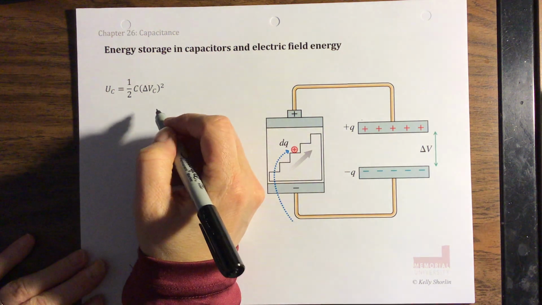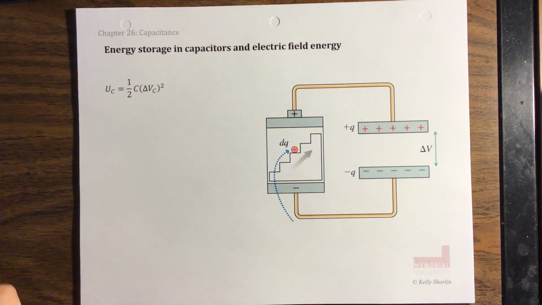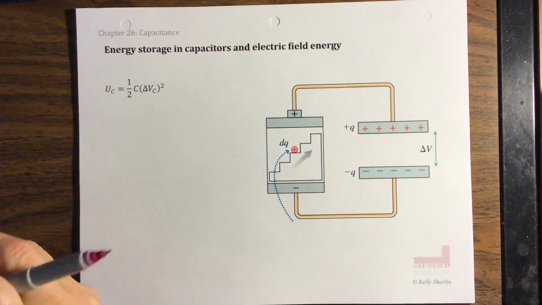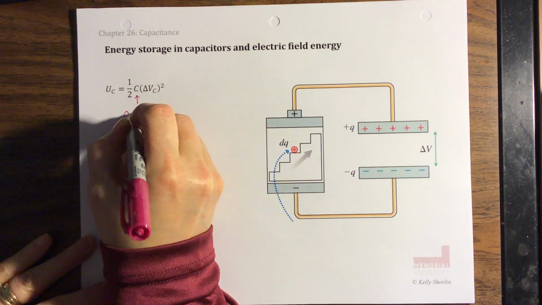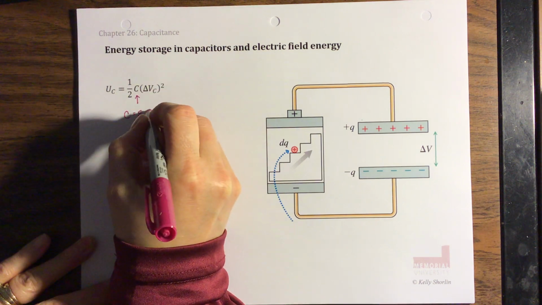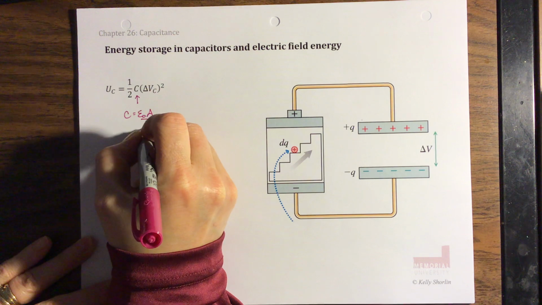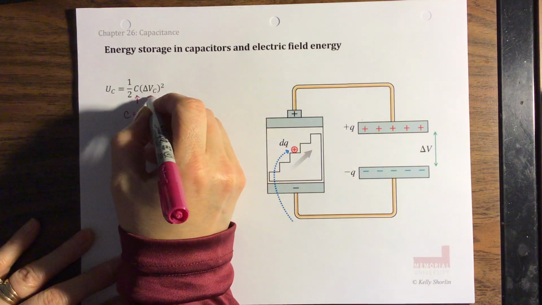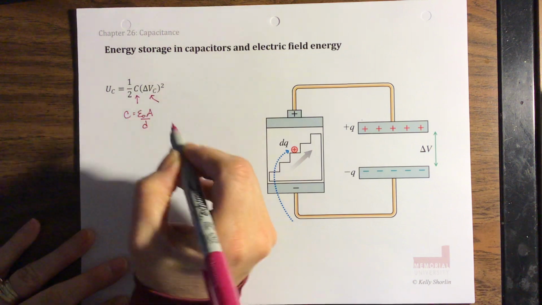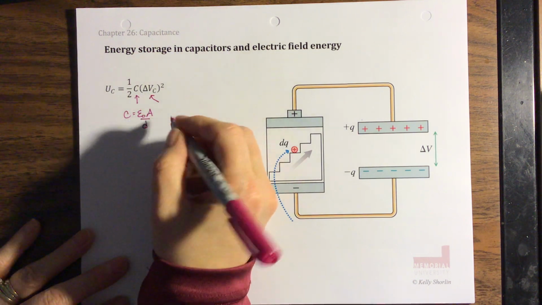Okay, what are we going to do with this expression? Well, C is the capacitance. We know it depends on the physical properties of the capacitor. C equals epsilon naught times the area of the plates divided by the plate separation D. And the potential difference between the plates depends on the plate separation and the electric field.